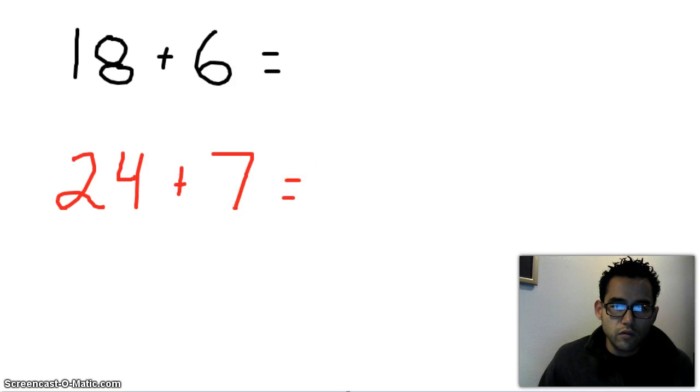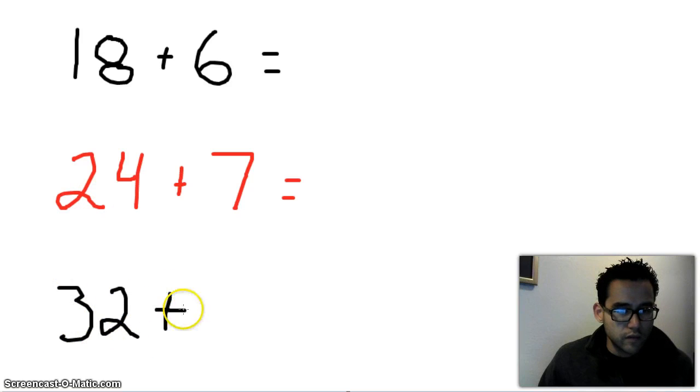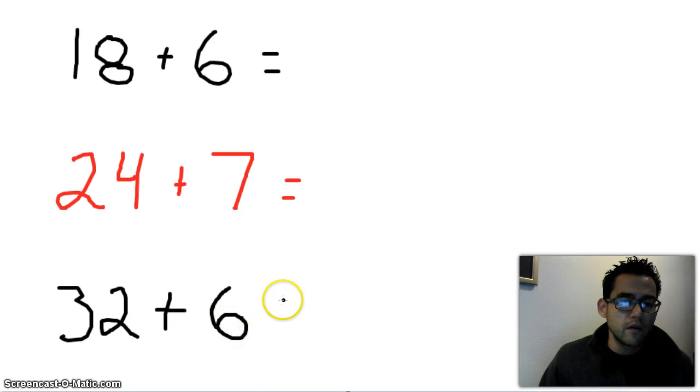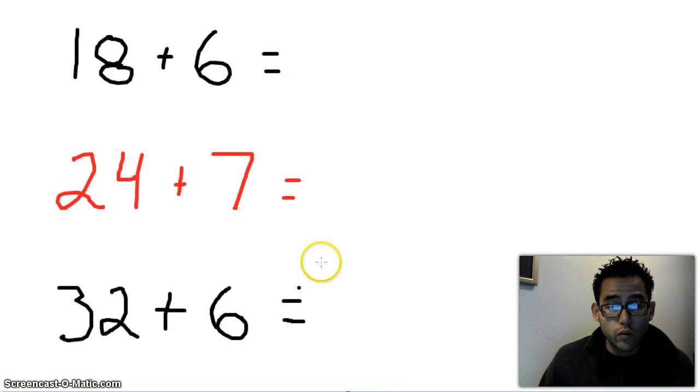And the last one I want you to work on is going to be 32 plus adding 6 to the 32. Okay? Those are the ones for your closing activity. I hope you answer these correctly, ladies and gentlemen. Good luck, and please review back in the video if you need to.